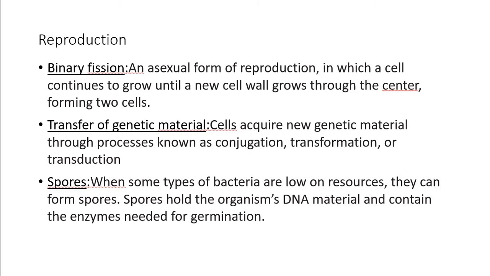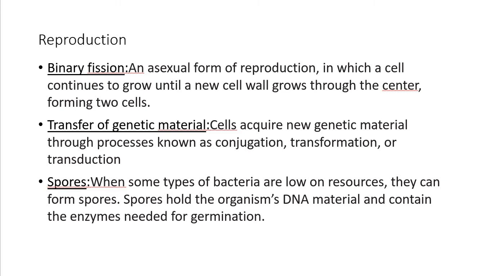Another kind of reproduction in bacteria is transfer of genetic material. Here cells acquire new genetic material through processes known as conjugation, transformation or transduction. These processes can make bacteria stronger and more able to resist threats such as antibiotic medications.